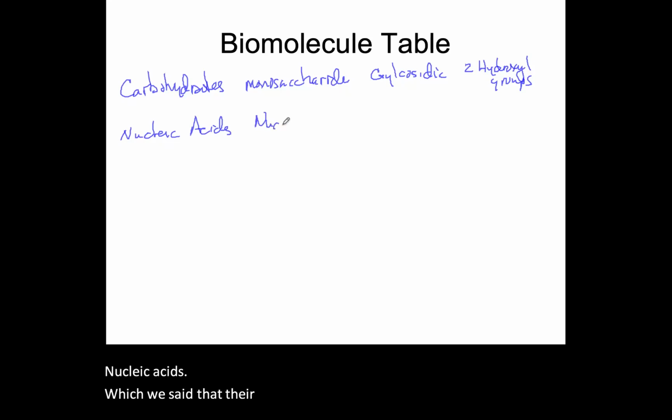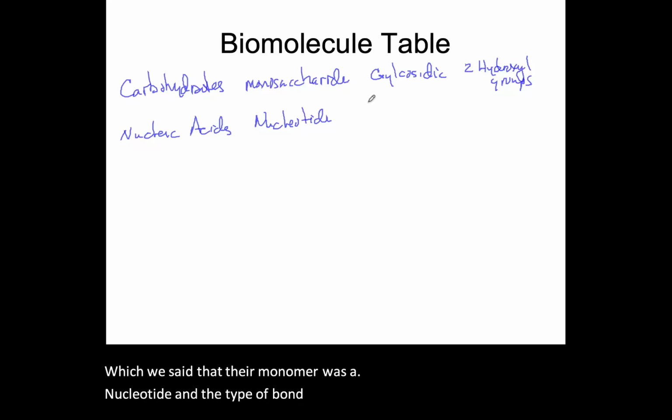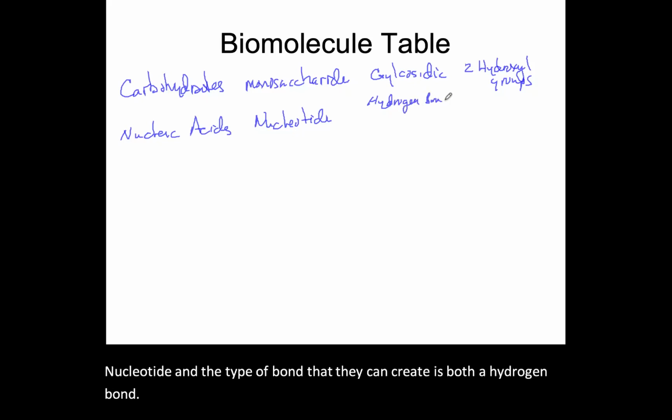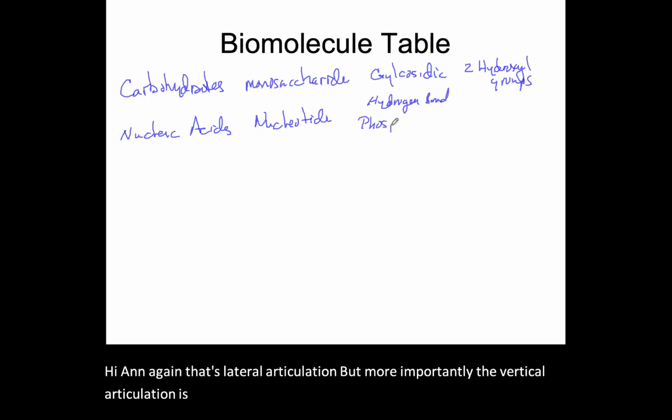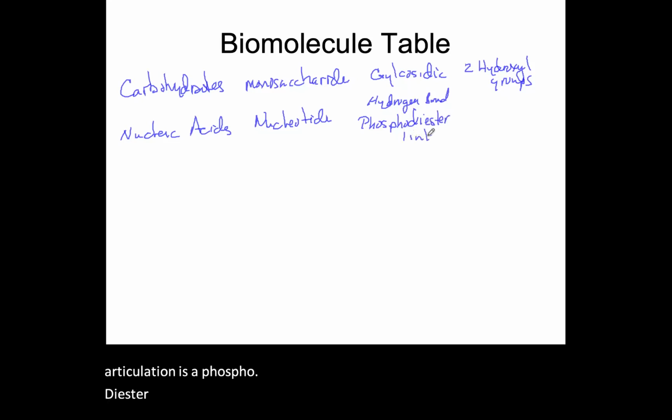And then we just got done talking about nucleic acids, for which we said that their monomer was a nucleotide, and the type of bond they can create is both a hydrogen bond, which is the lateral articulation, but more importantly the vertical articulation is a phosphodiester linkage.